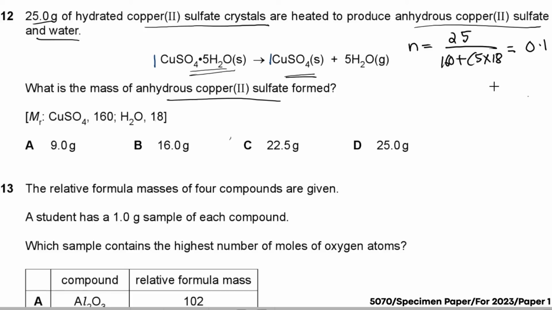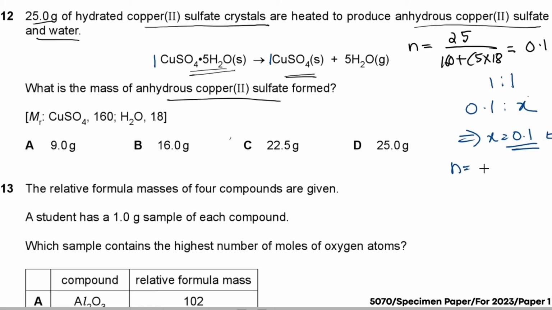It's 1:1. So if you write 1:1, we know this, but we don't know this. Therefore, the moles of anhydrous copper II sulfate is also 0.1. Now you have to find out the mass.